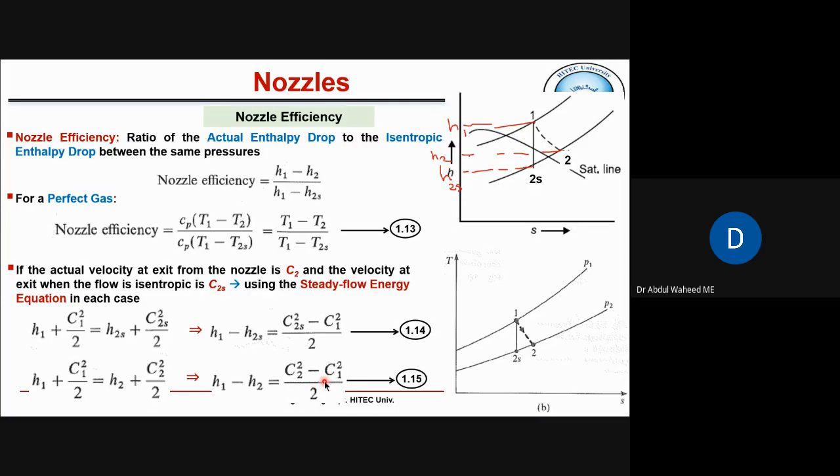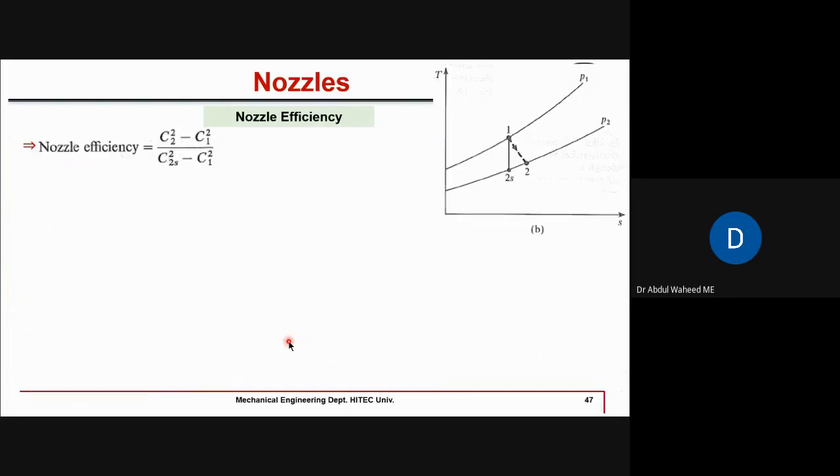So now we can write the same nozzle efficiency in terms of these kinetic energies. We can replace H1 minus H2 with this term and H1 minus H2s with this term. So that is what we have done here. So now we have nozzle efficiency in terms of kinetic energies: C2 square minus C1 square over C2s square minus C1 square. Normally we assume C1 is negligibly small compared to C2 or C2s.